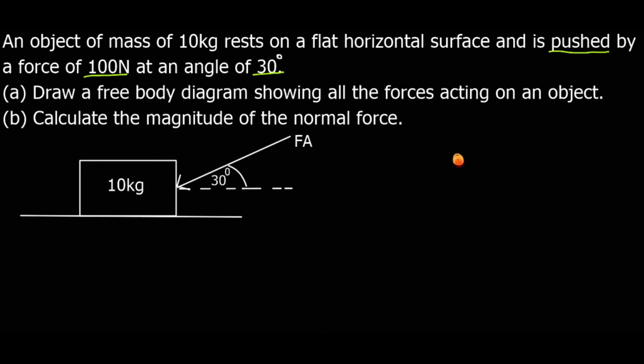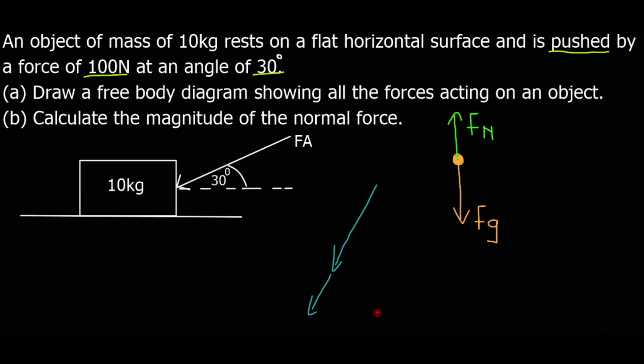We have a downward force, which is gravity, and we have an upward force, which is the normal force. Remember, a normal force is always perpendicular to the surface. Just because the object may be pushed in this direction doesn't mean the normal force goes in this direction.